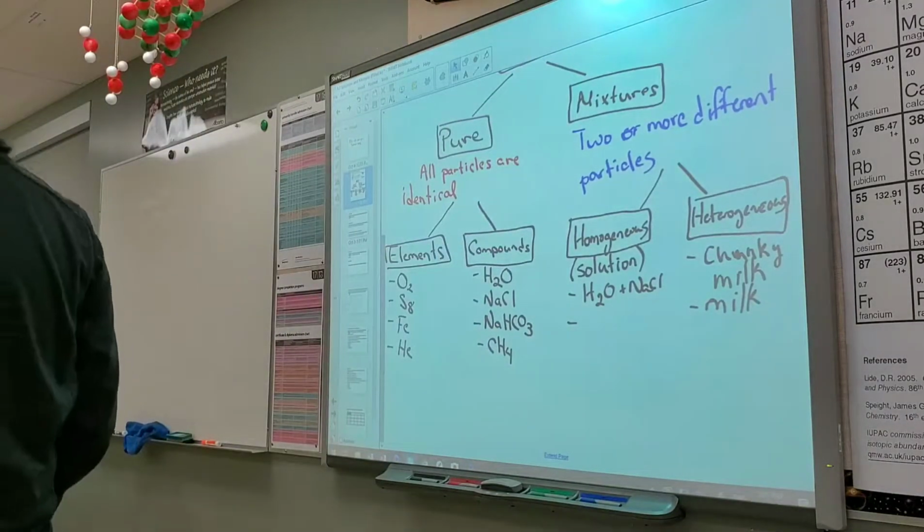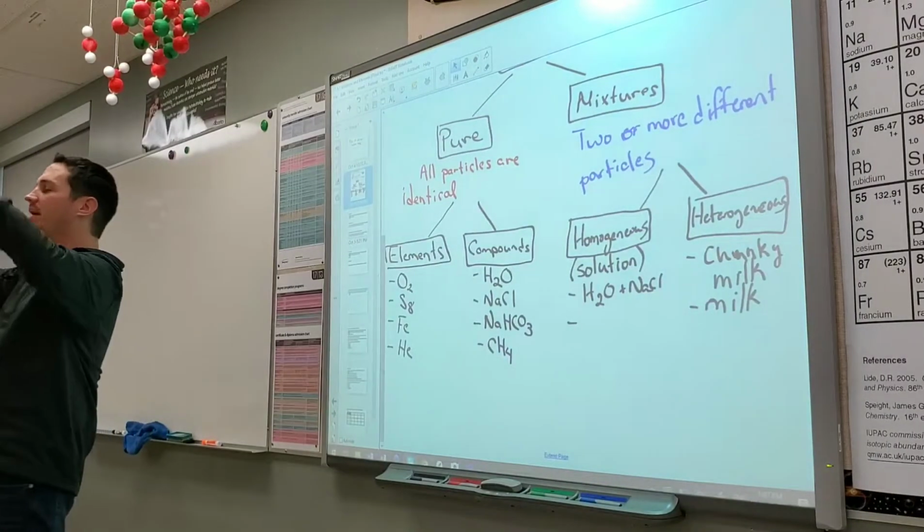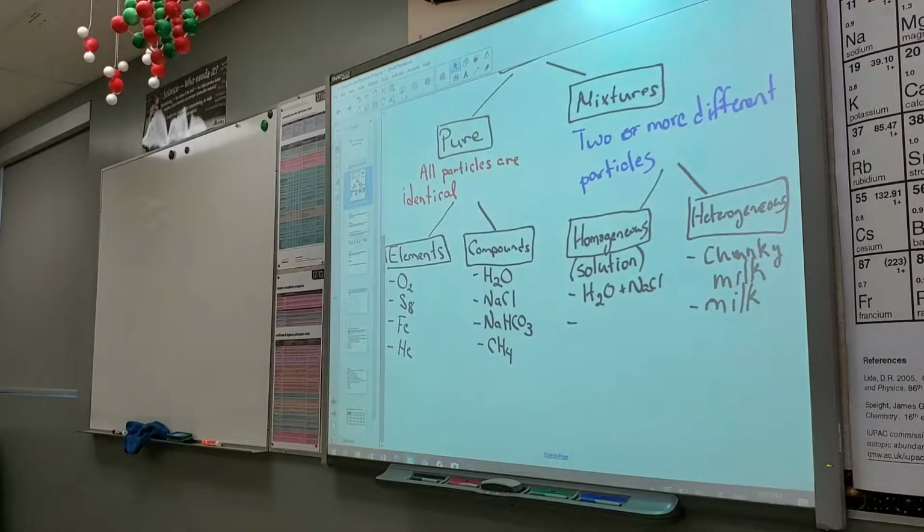I agree with you, Jenna. When I look at milk, it sure looks like it's all one uniform thing, right? But what's the biggest thing that makes up milk? If you were to pour a glass of milk, 90% of it is?